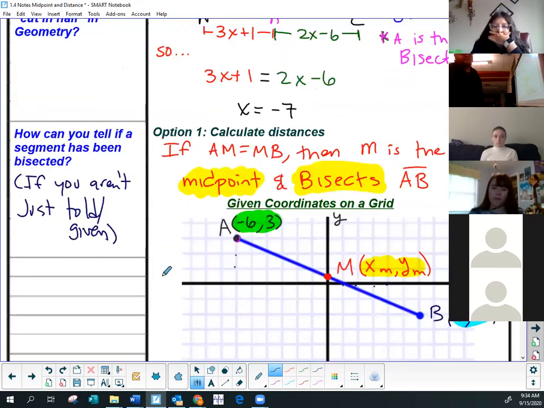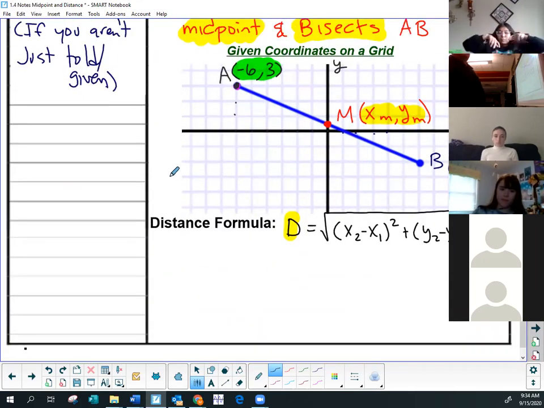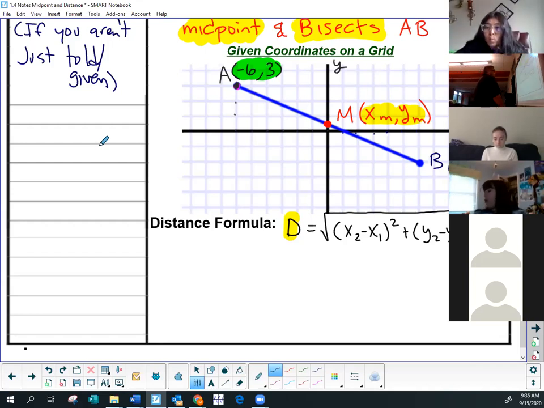Okay, so let's talk about the pieces. I know this looks very intimidating if you've never seen the distance formula before. There's a bunch of subscripts going on with these 1s and 2s, but let me explain what's going on. First of all, take some notes here.